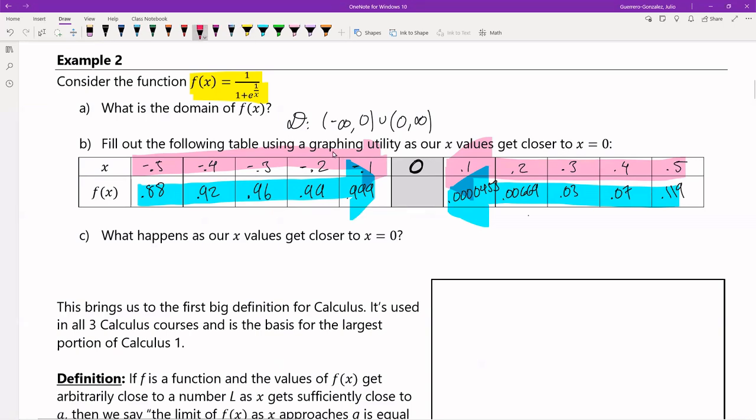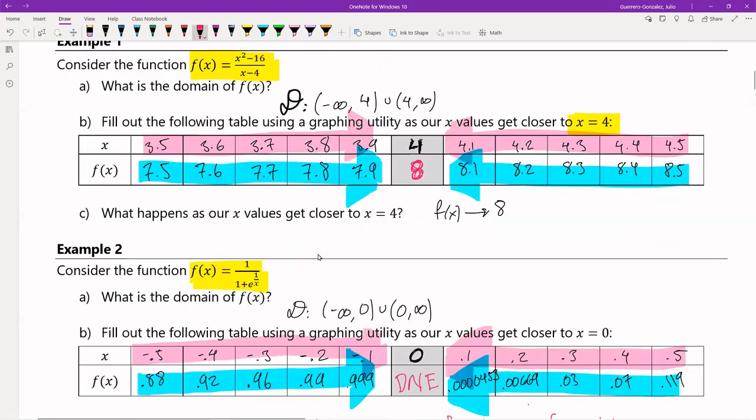So the actual value here does not exist. So what we say here is that the limit does not exist. This is different from our first example. Notice that in our first example, our x values headed toward 4, and our y values from both ends were heading toward 8.